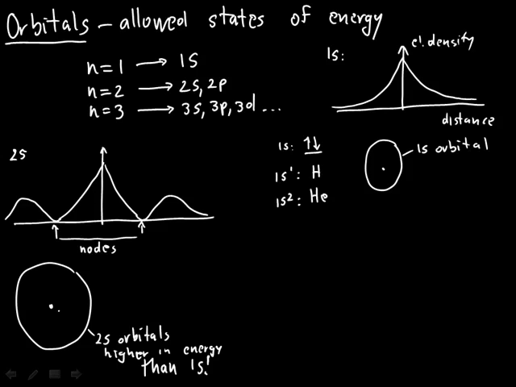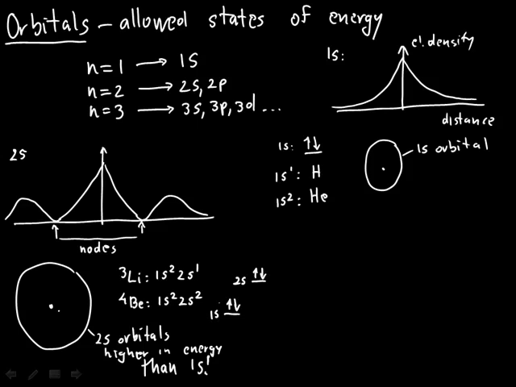Now, the atoms that start filling the 2s orbital are lithium, which now has its 1s orbital completely full, and it's 2s1, and then beryllium, which is 1s2, 2s2. This energy relationship between 1s, which is lower, and 2s, which is higher, is typically represented this way with them slightly offset and higher energy.